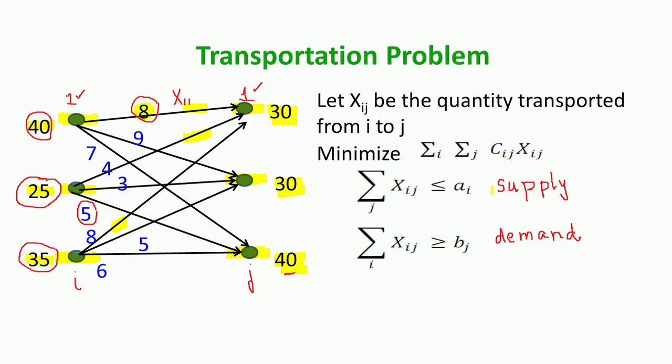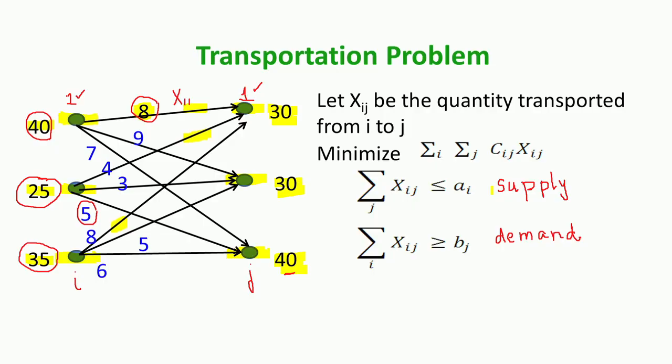So again there are 3 constraints, one for each demand point. The first demand point constraint will be x11 plus x21 plus x31 greater than or equal to 30, so summation i equal to 1 to 3. The second one will be x12 plus x22 plus x32 greater than or equal to 30, which is the demand in the second demand point.